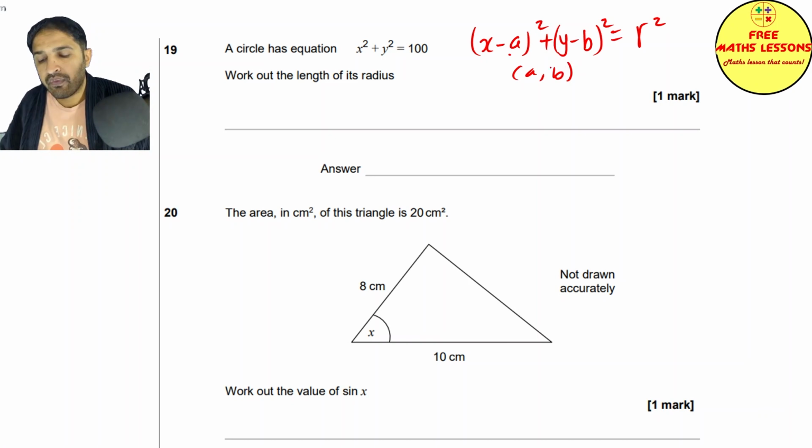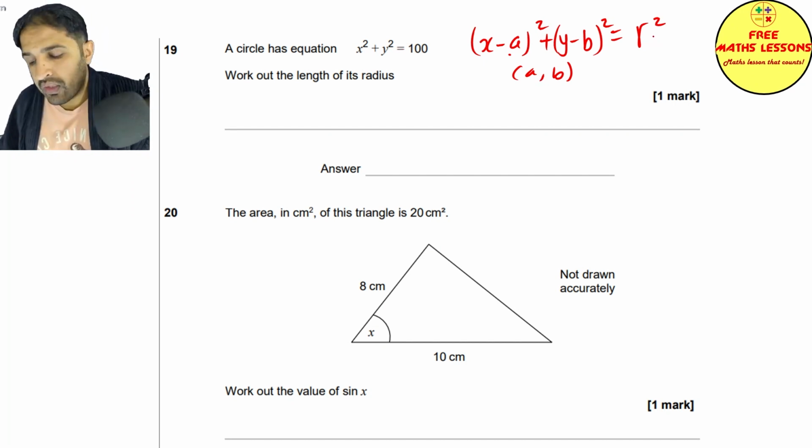We don't have to worry about the coordinates, because x minus 0 and y minus 0 will give you x squared and y squared. So the center is 0, 0, and the r squared, the radius squared, is what we're looking for anyway.